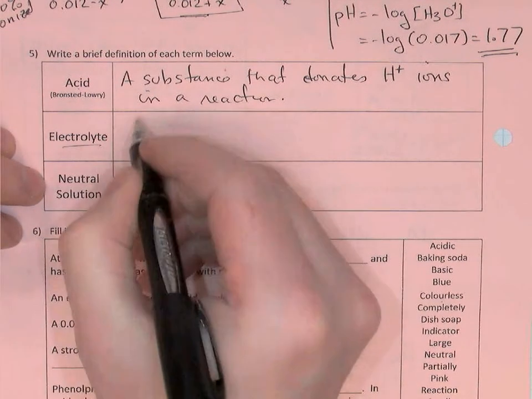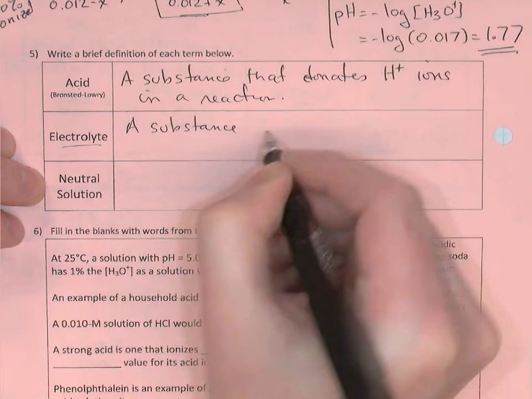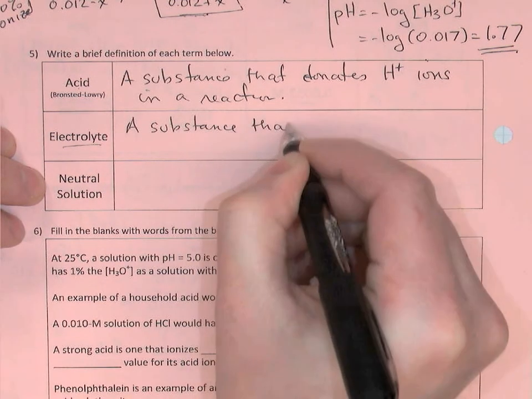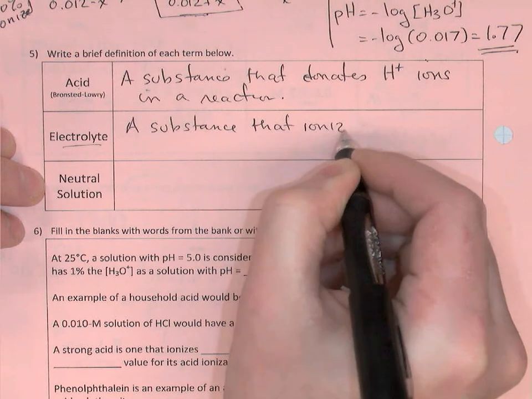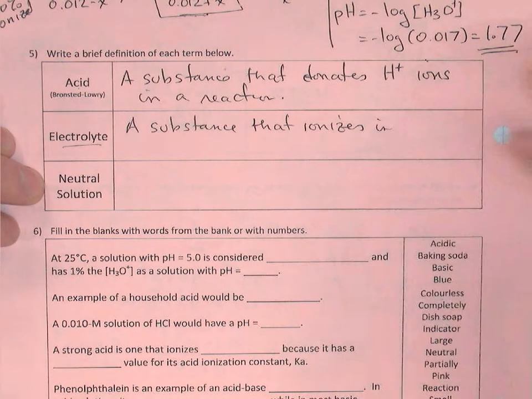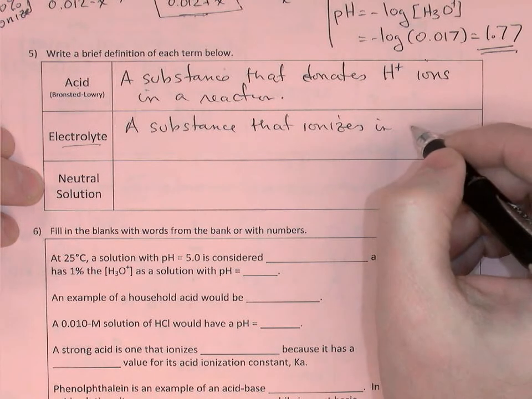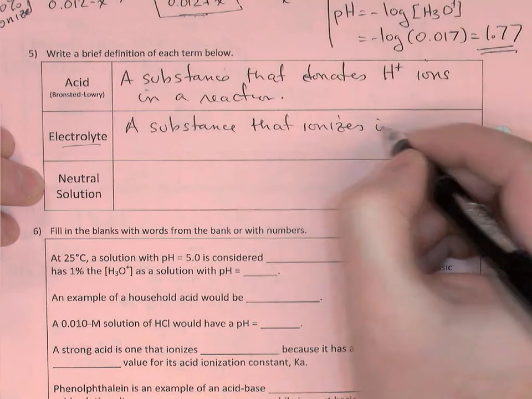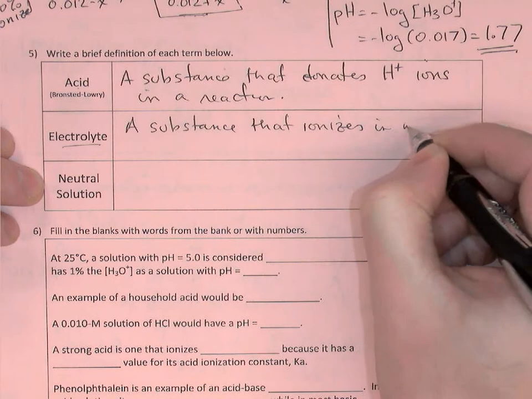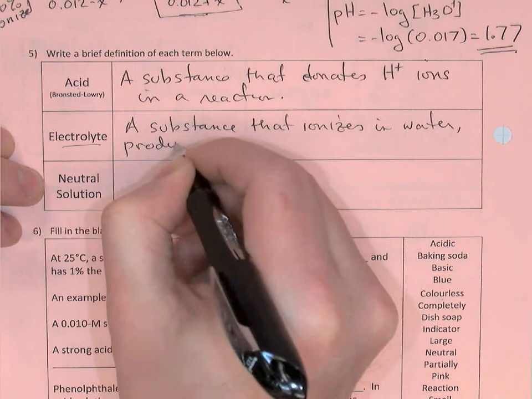An electrolyte is a substance that ionizes in water. We'll say water more generally, in some liquid, in a solvent, but in this unit we're always talking about water as our solvent, so we'll say that ionizes in water, producing ions.